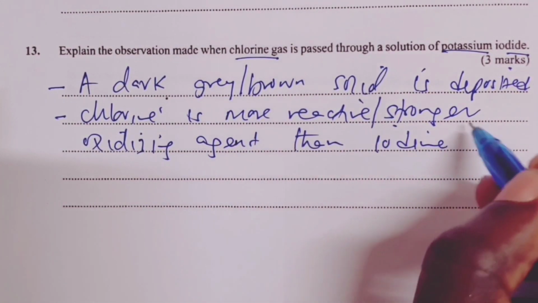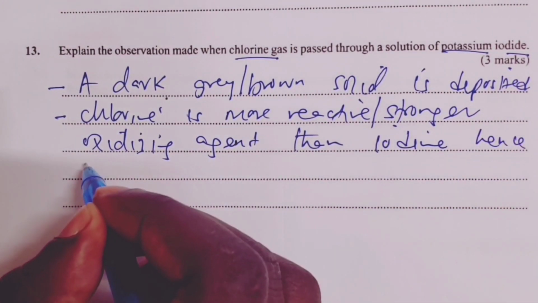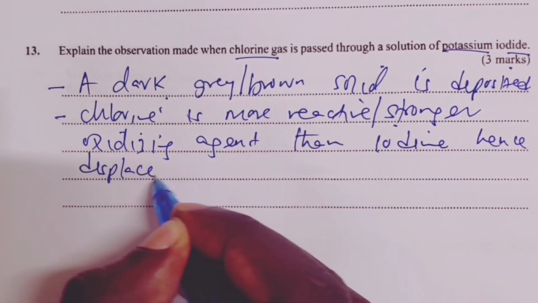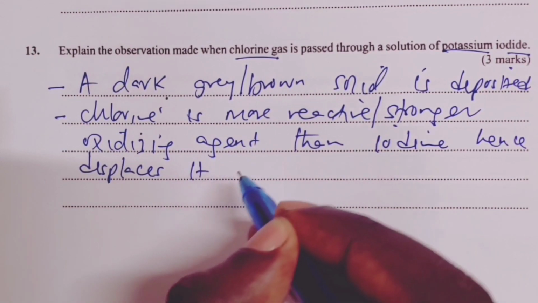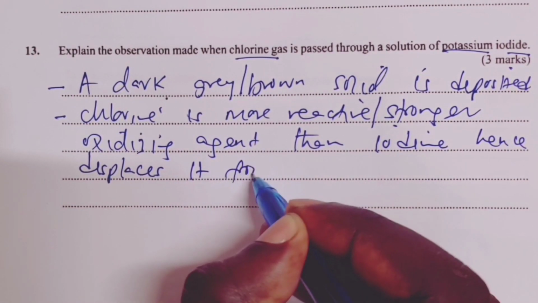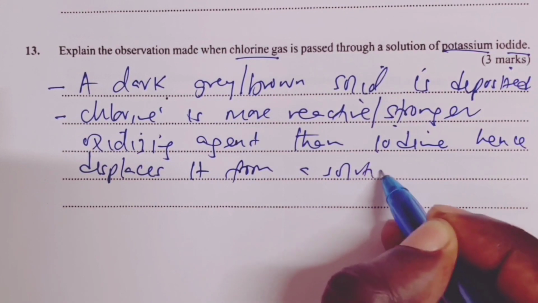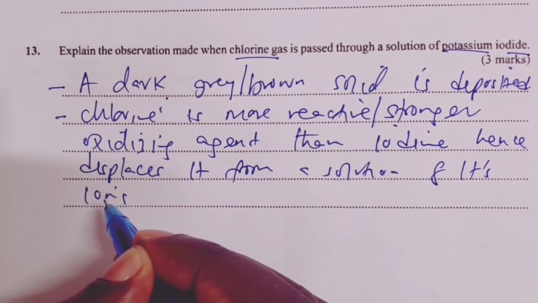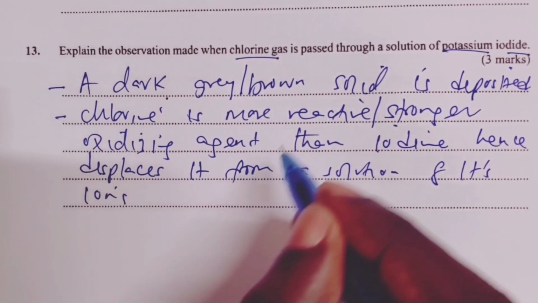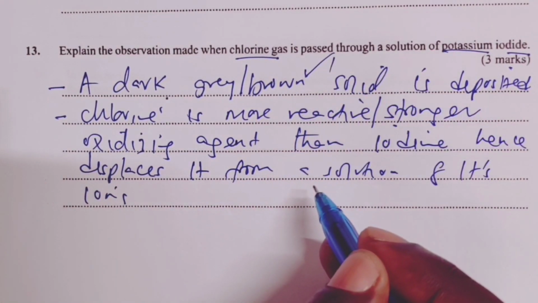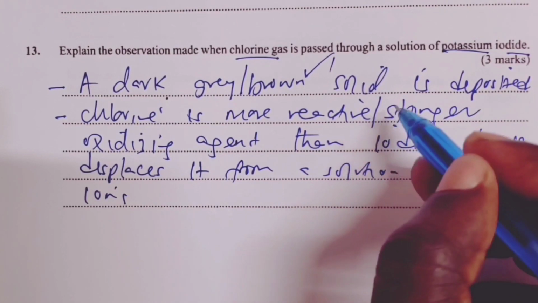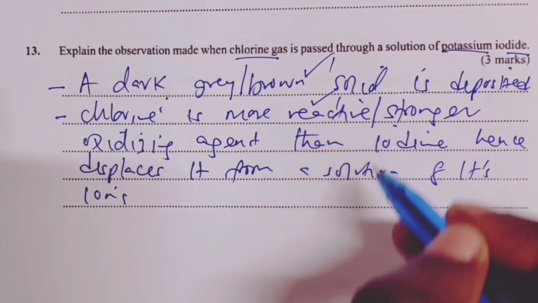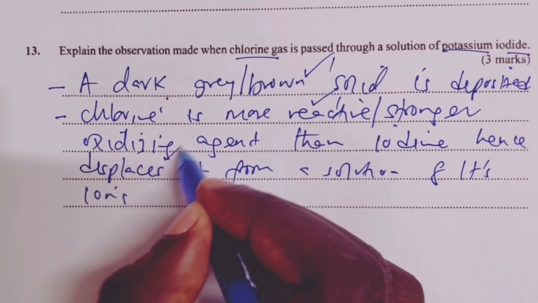So what happens is that it therefore displaces the iodine from a solution of its ions. It is awarded 3 marks, 1 mark for the observation, 1 mark for chlorine being more reactive than iodine, and 1 mark for displacement.